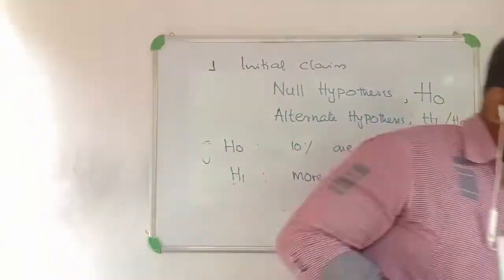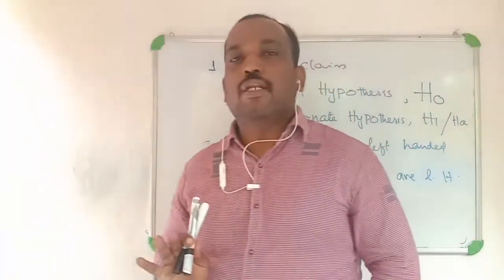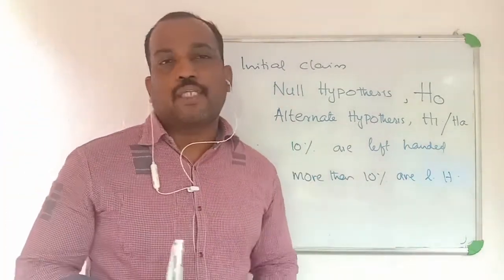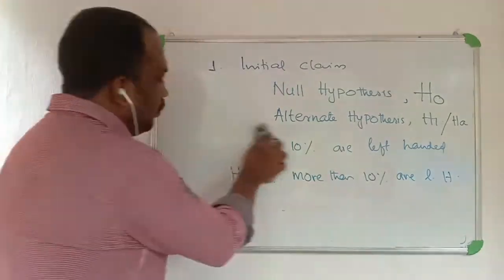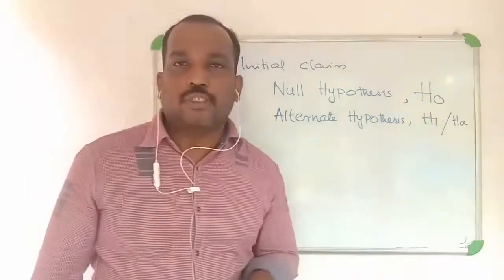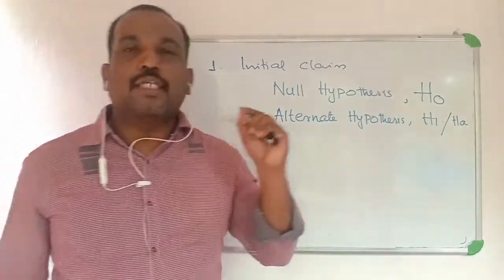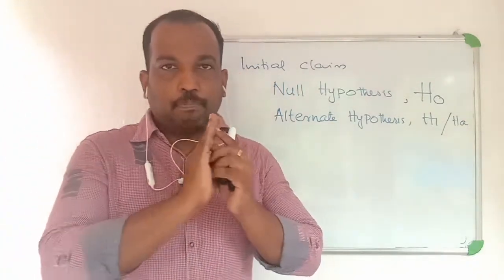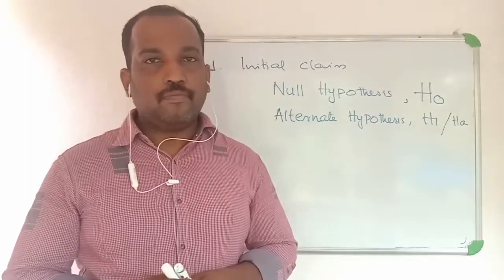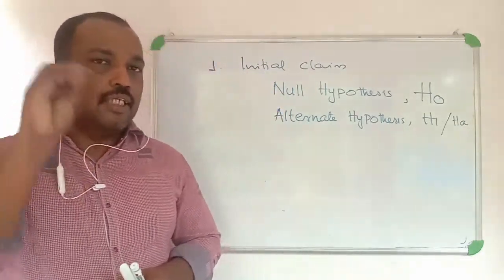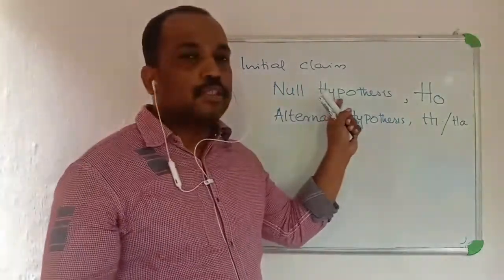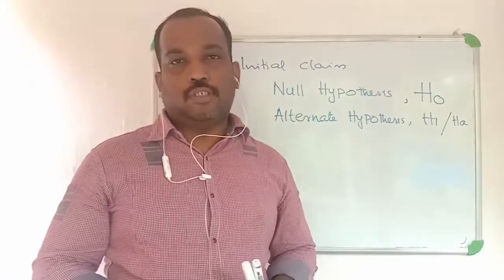So here you get two terms: significance level or rejection region, and confidence level or acceptance region. Whether you accept or reject the null hypothesis is based on your significance level.